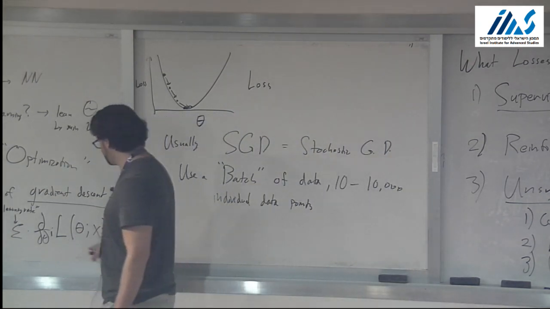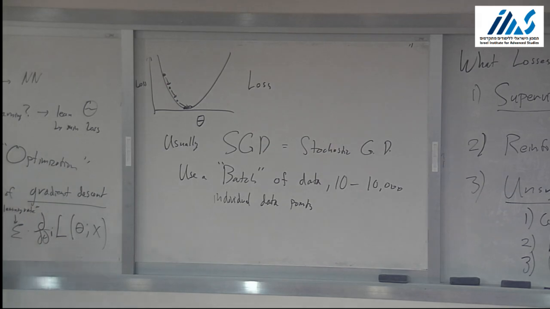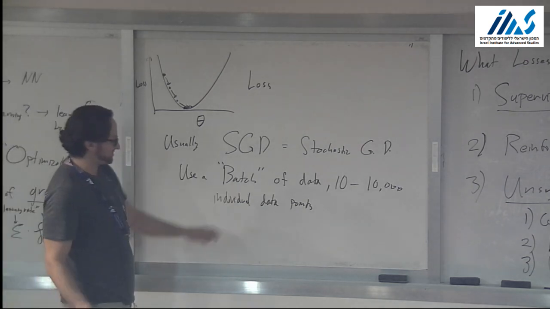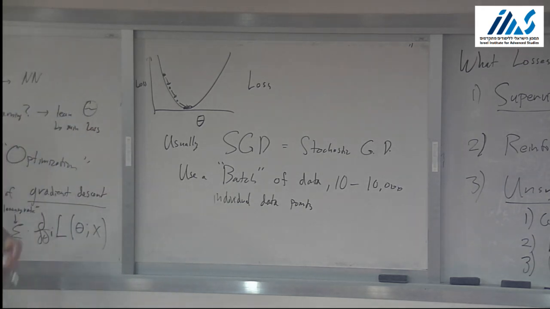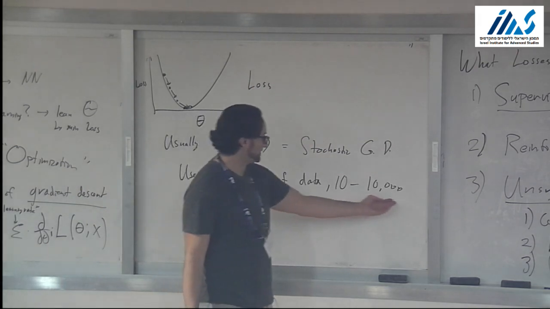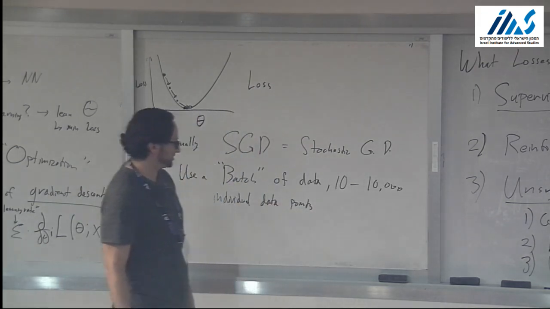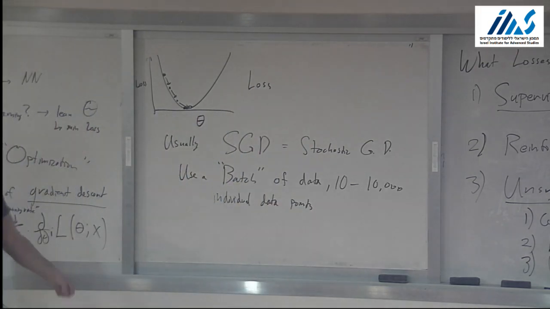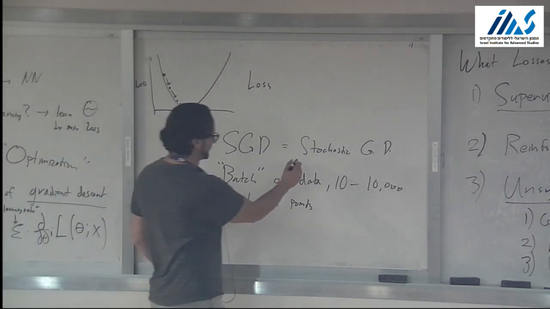So instead of this loss being the loss for all of the data in your data set, which would be a huge pain to compute every time, you can just use a batch. Sometimes this is called a mini batch of data, which typically only contains, in the range that's actually used, 10 to 10,000 images in your data set. And that's why this is stochastic.